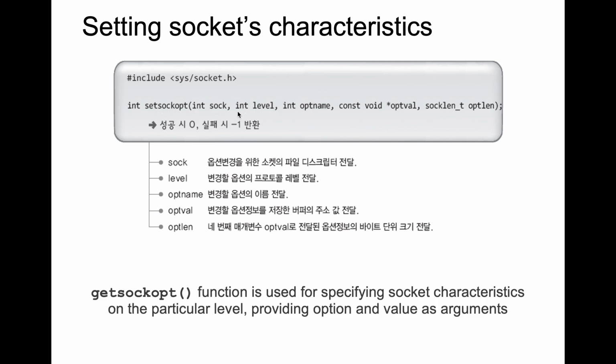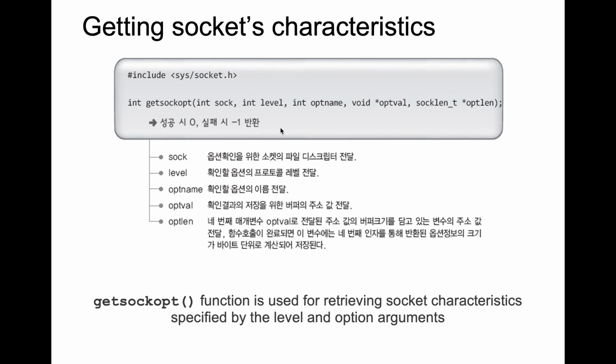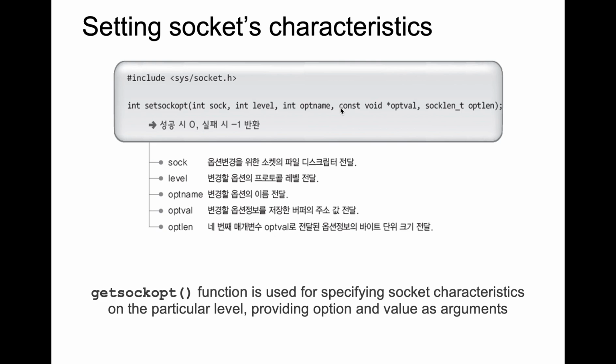So it accepts almost the same parameters as here, but it has slight differences, which I will show a little bit later. It also accepts the socket file descriptor of which you want to change some options. And then you have to specify the protocol level exactly the same way as in the previous one, and also the option name.